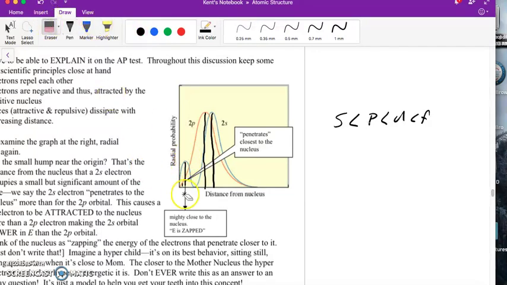And because we have a much higher probability of finding s very close to the nucleus, okay, it's not that s is on average closer, but because we have this high probability, s is able to get close to the nucleus at times, s has lower energy than p. Okay, because it's able to get closer to the nucleus at points.